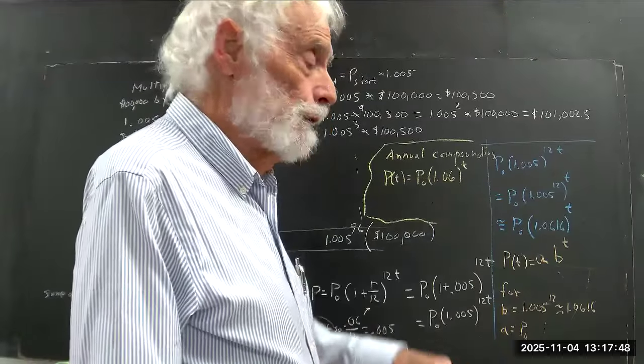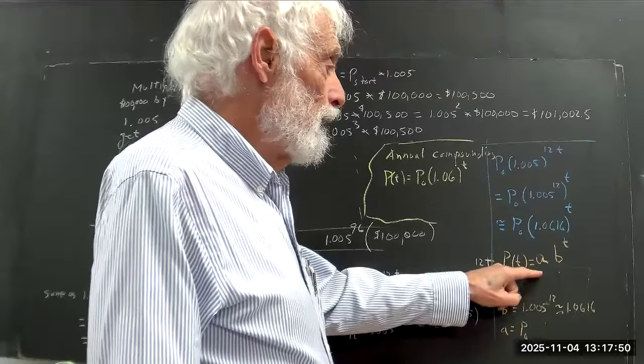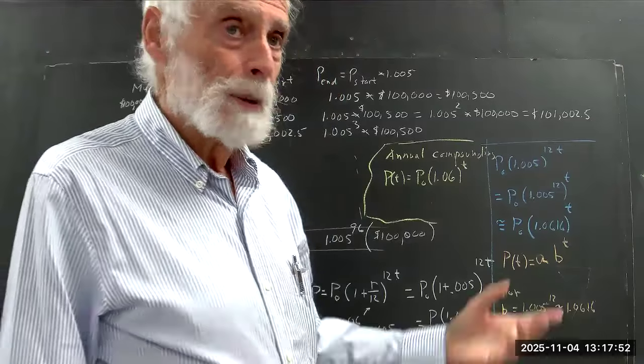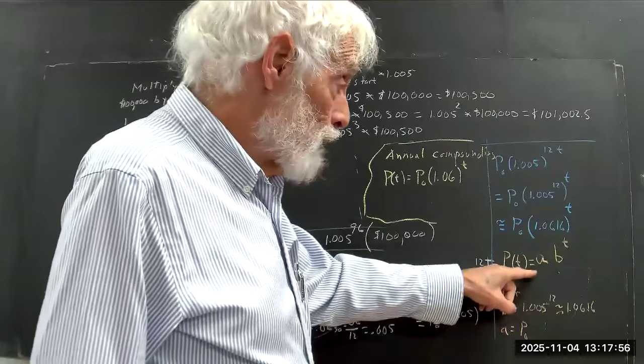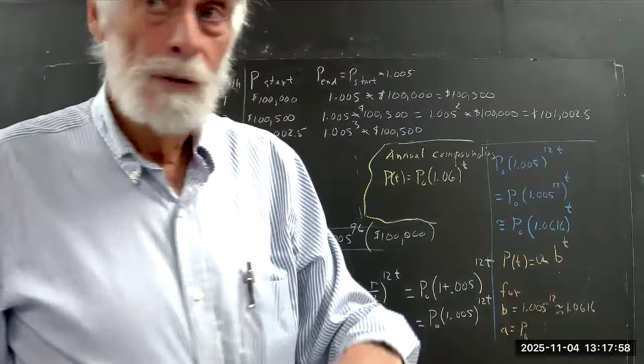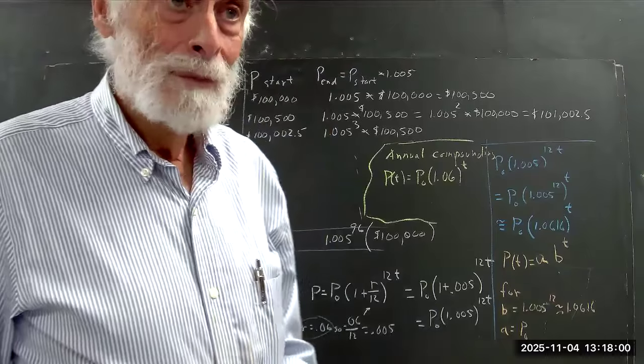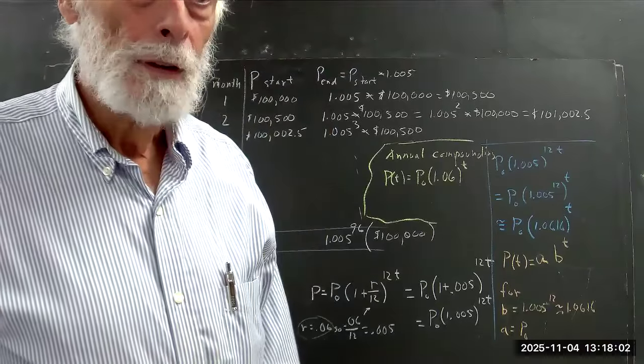This is an exponential function. It's of the form a times b to the x, except using t instead of x. So this is exactly what you've been working on when you did your exponential functions, okay?